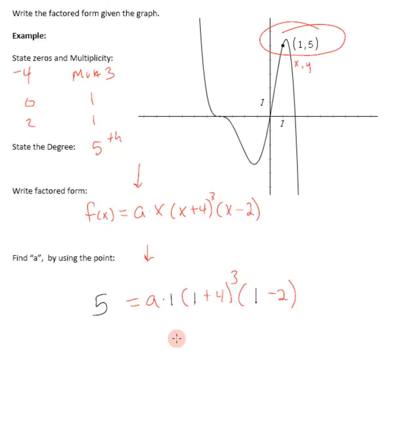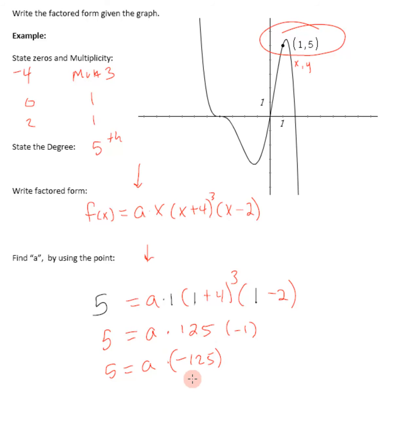It's that a. All right, so here this is all multiplied together, so we have to simplify, order of operations here. 5 equals a times 5 cubed, 125, right? 1 plus 4 is 5 cubed, 125, times -1. Multiplied through here, 5 equals a times -125, right?